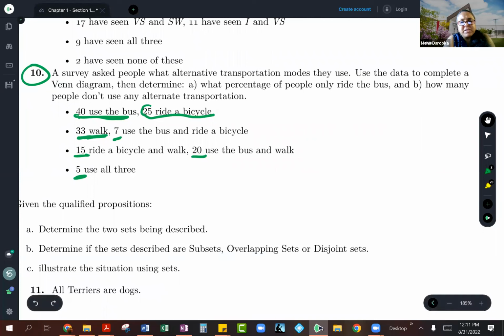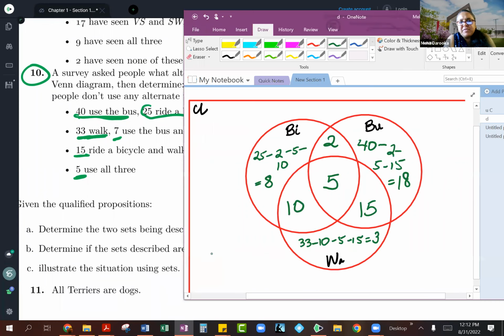All of this information given to us only helped us create the inside of the circle. So we don't really have a number out here. If you look at 40 who use the bus and 25 who ride the bicycle and 33 walk, we cannot just add those three numbers together because we know a lot of those have overlaps in them, right? So there should have been some other information in here.